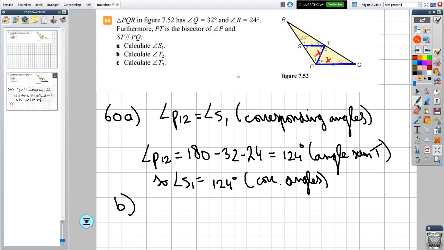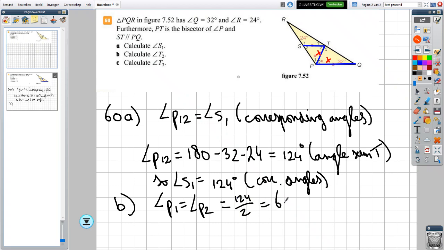Do I know P2? Not yet, but I can calculate it fairly quickly because angle P1 equals angle P2 because this was the bisector. So that means they're equally as big, equal in size. In total they were 124 degrees.